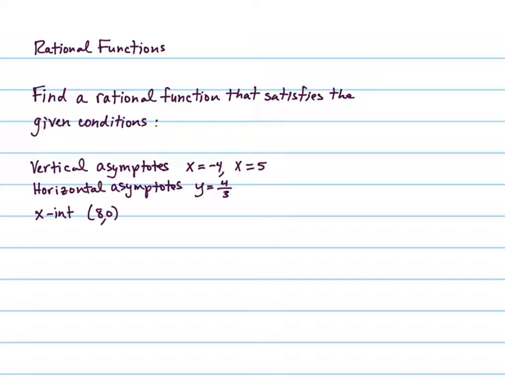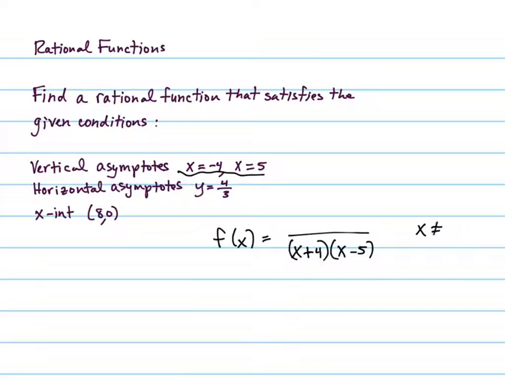So for example, if you want vertical asymptotes at x equals -4 and x equals 5, remember vertical asymptotes are where your restricted values are. So if we're writing some function that has asymptotes of x equals -4 and x equals 5, then we would have factors of x plus 4 and x minus 5, so that our restricted values would be -4 and 5, which is where we have our vertical asymptotes.